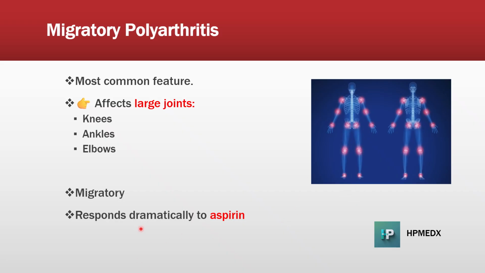And the main thing is it responds dramatically to aspirin, and you can easily take it as a clue. If it responds to aspirin dramatically, it might be because of migratory polyarthritis in acute rheumatic fever.